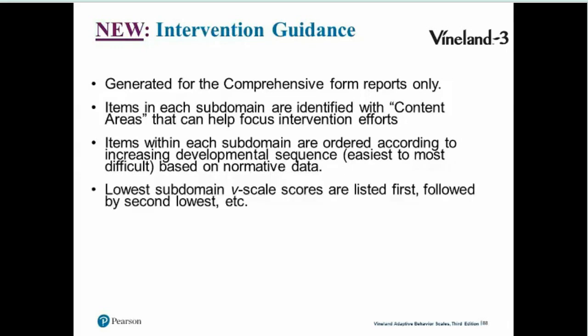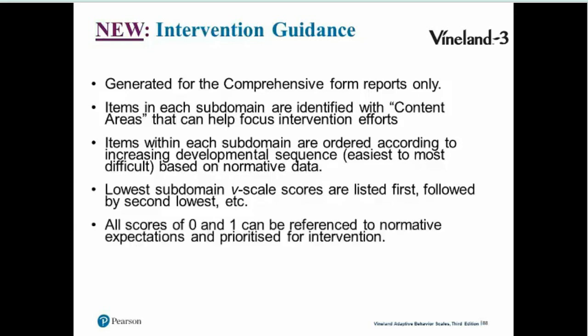It will then look at the scores on those particular items and prioritize them for intervention. For example, prioritizing items with a 0 or a 1 that should be the next behavior that the child masters, and these will be prioritized into the intervention.